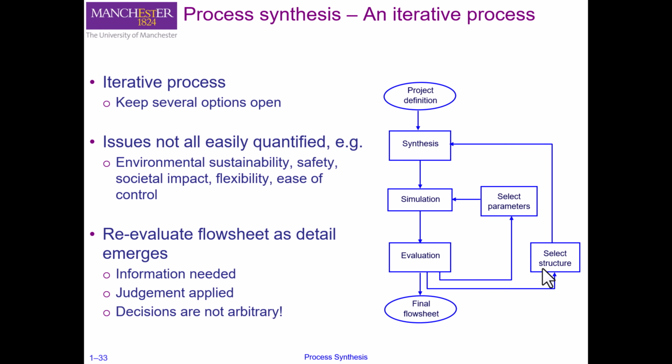Okay, and here the word structure relates to the choices made about the type of the unit and the connection between them. So when we have a finalized or fixed flow sheet, then as a designer, we can vary the process parameters and the structure of it to some level, and then we can see how it affects the overall performance, as we will be discussing in the next lectures.